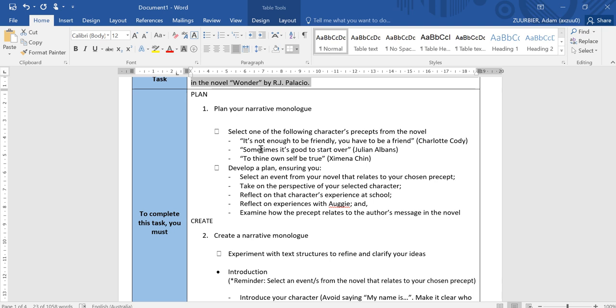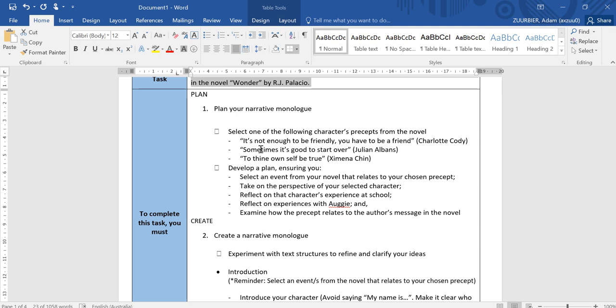So it's a phrase, an idea, a word that you keep coming back to. In the monologue, you keep referring back to it. So it's like an anchor point, like an anchor or a rope, keeping a ship tied to the shore. It keeps bringing your writing back to a central idea, back to an anchor point.